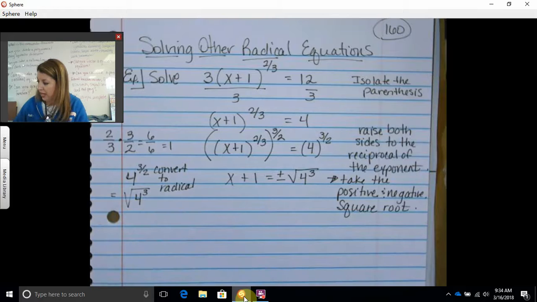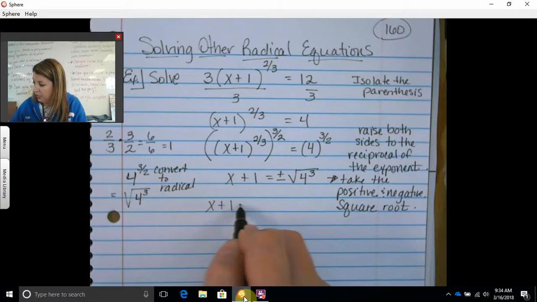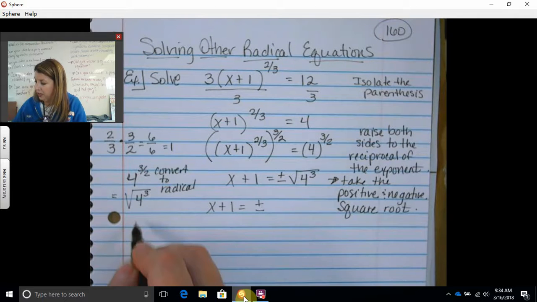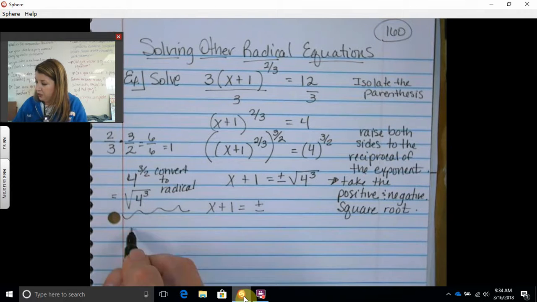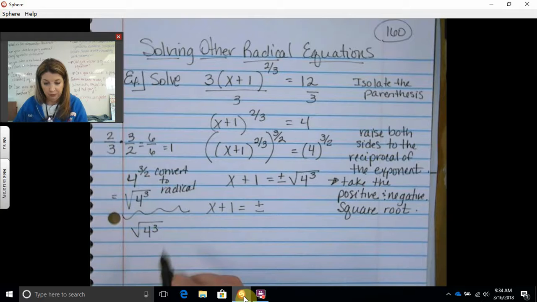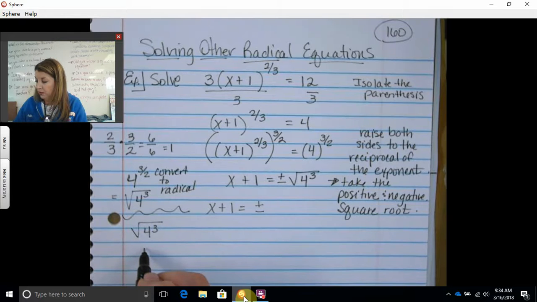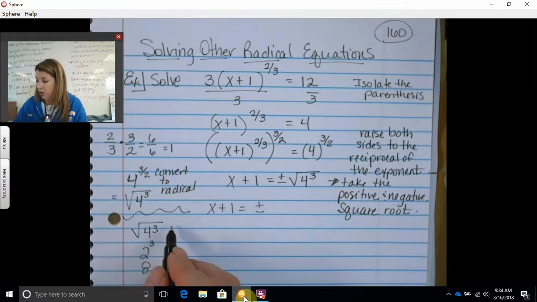Okay, so we have x plus 1 equals positive or negative. Let's simplify this. I'm going to show you over here. I'm going to do the square root of 4 cubed. You can do it one of two ways. You can take the square root of 4 first. What's the square root of 4? 2. And we haven't cubed anything yet. And then cube 2 to get 8.